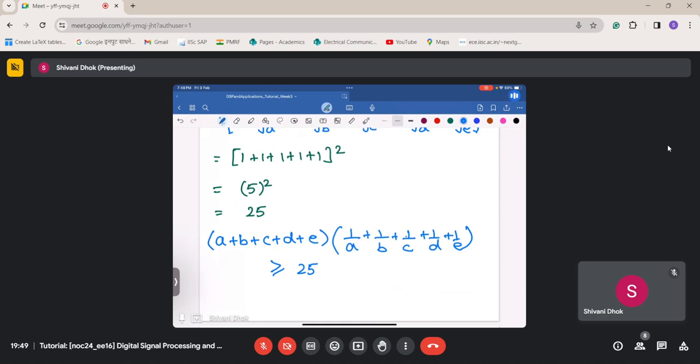So there is a lower bound on this particular multiplication. That is, this particular thing can't be below 25. It is bounded below by this particular value. So this is the lower bound, which we wanted to find out.